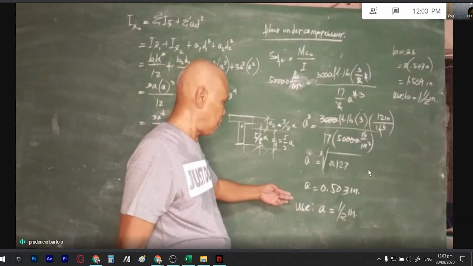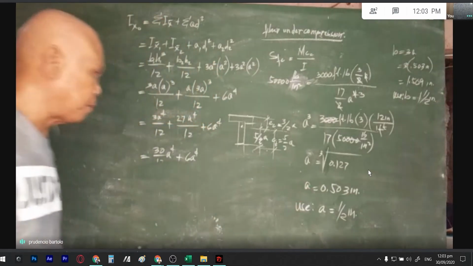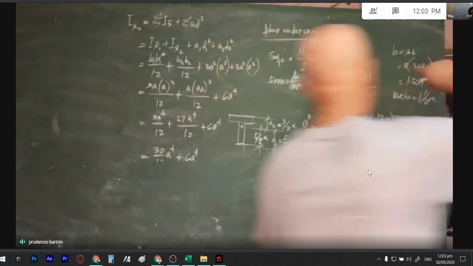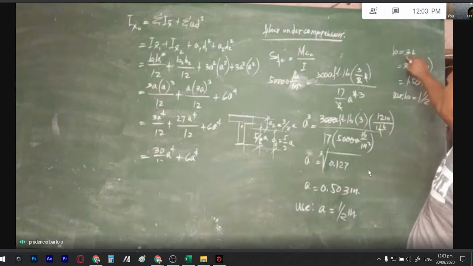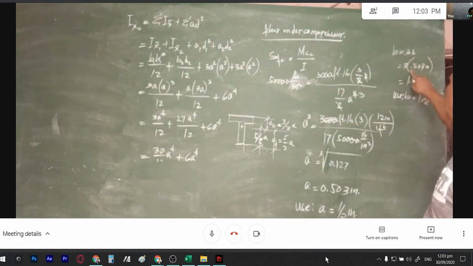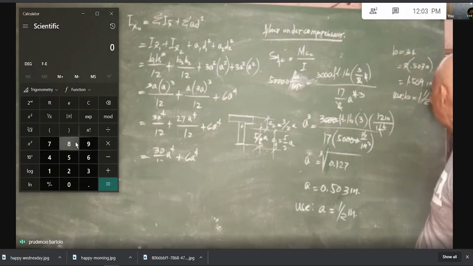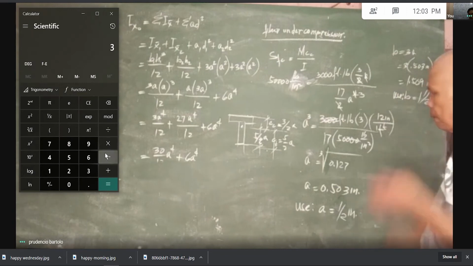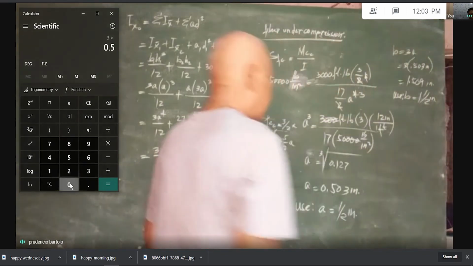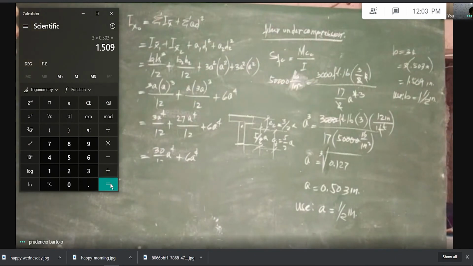Now having A at 0.503, we can now have our B equal to 3A, which is equal to 3 multiplied by 0.503, equal to 1.509 inches, which is within the range of 7/8 to 3.